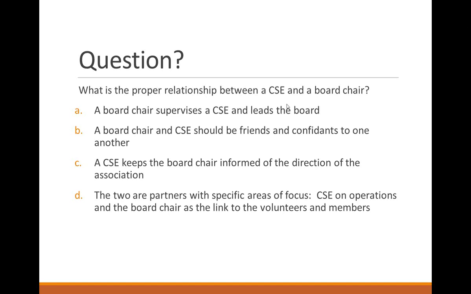So this is the first question: what is the proper relationship between a CSE and a board chair? So I'll give you a few minutes to look at the answers and then ask if anyone has what they think is the correct or best answer. Any educated guesses?